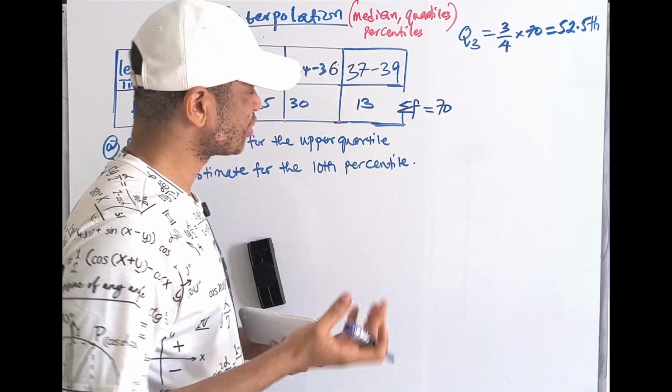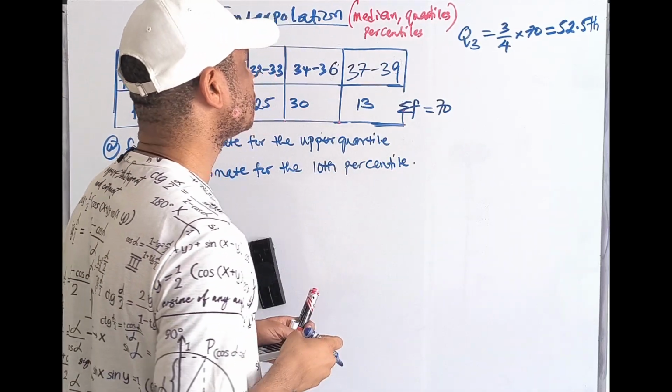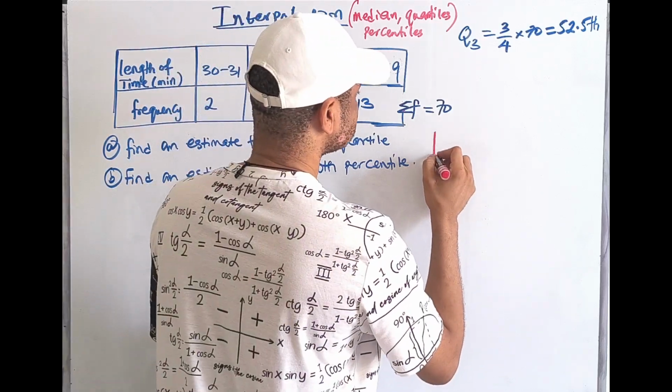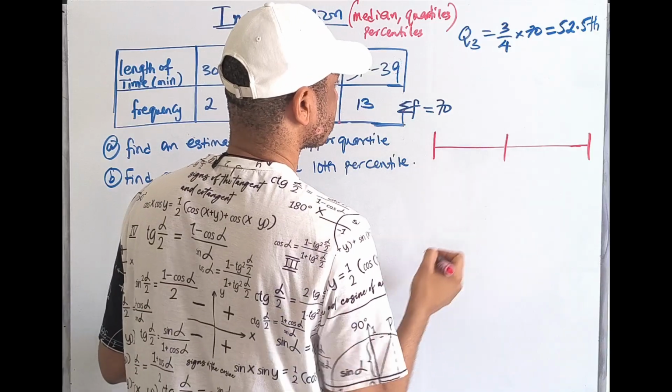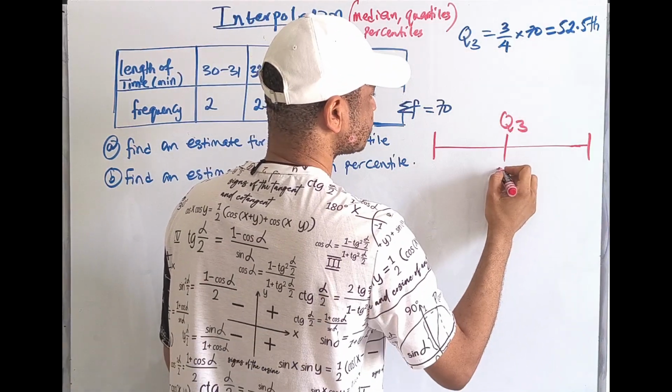Now, how do we find it? Because we cannot just go inside the data and get the number out. So what do we do? We use interpolation. Interpolation is mainly making an estimate. We don't know Q3, but we know it's in this position.